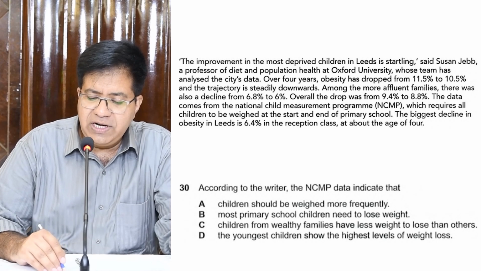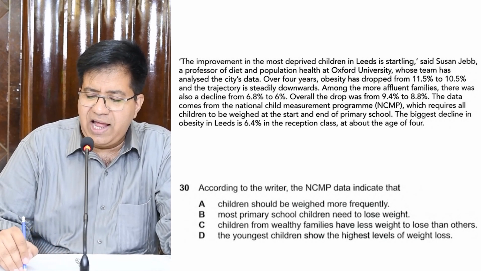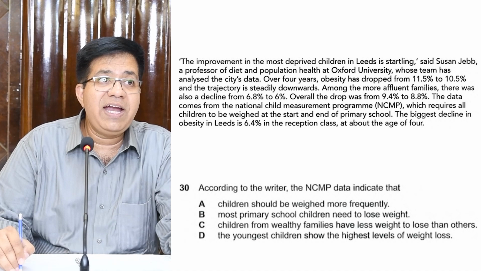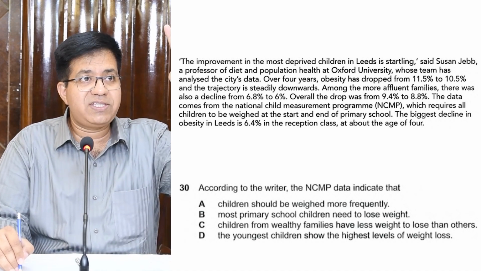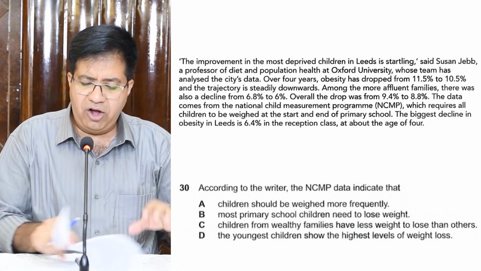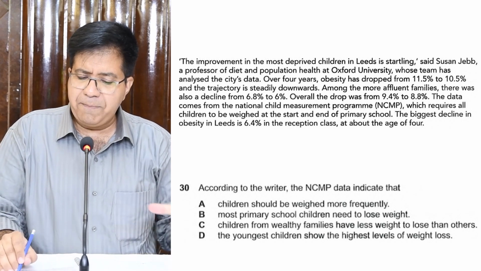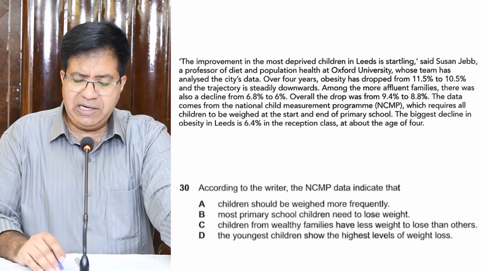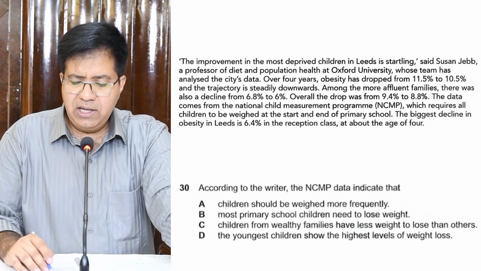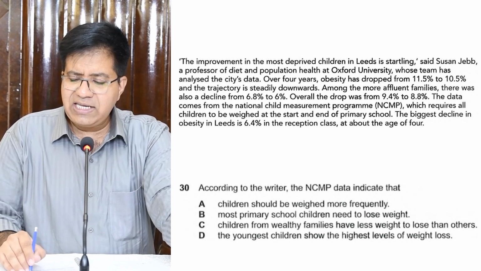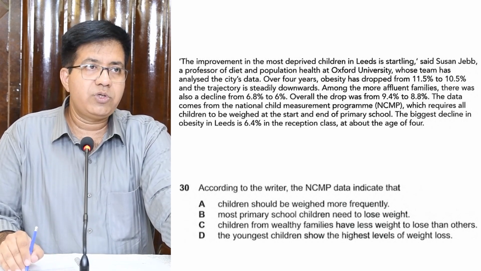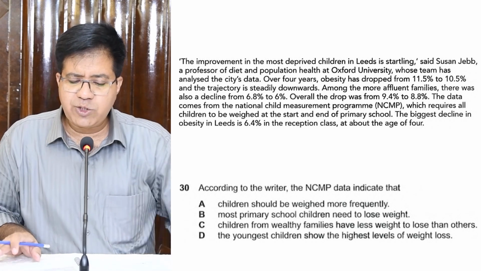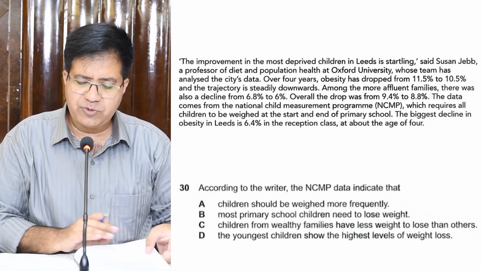No. Option D, youngest children show the highest levels of weight loss. Youngest children 4 years, right? And highest level of weight loss. For that they said the biggest decline in obesity in Leeds is 6.4% in the reception class at about the age of 4. So 4 is youngest and 6.4 is the highest one.